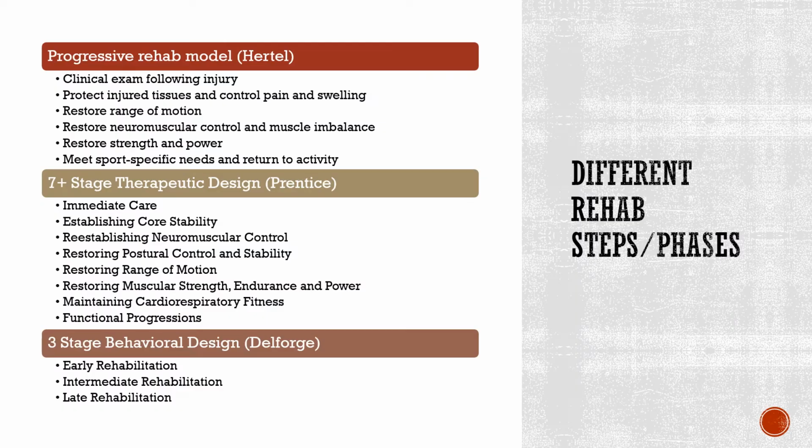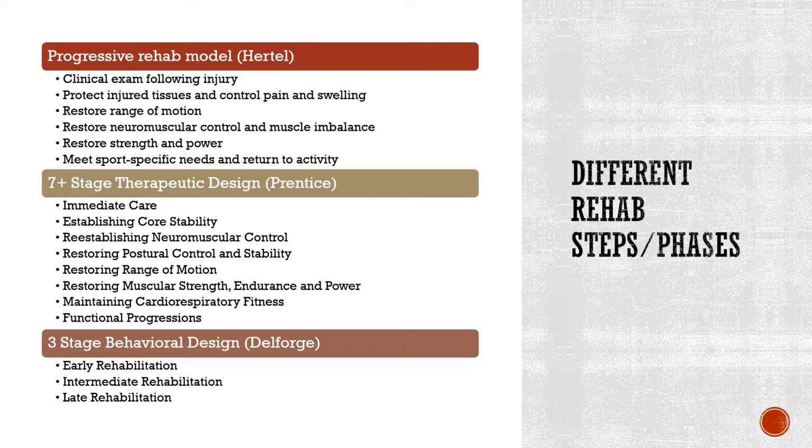Now, there are all sorts of different designs for phases of rehab depending on who you're reading. We'll look at some of these. Most of these overlap. They just differ in name and the number of them.